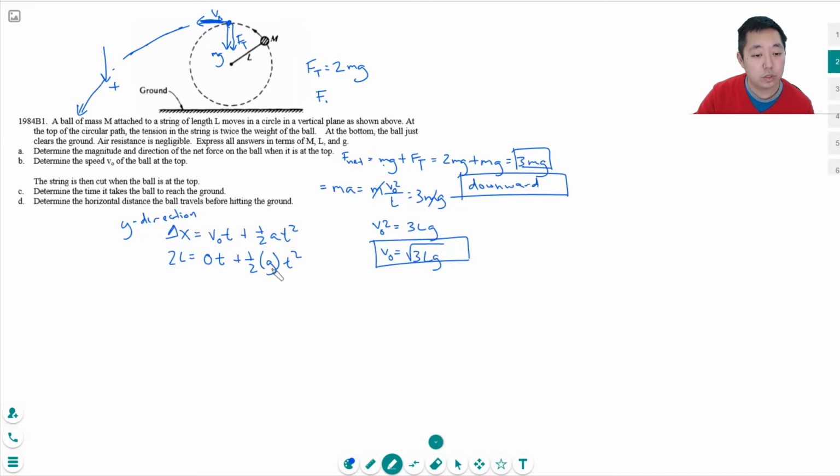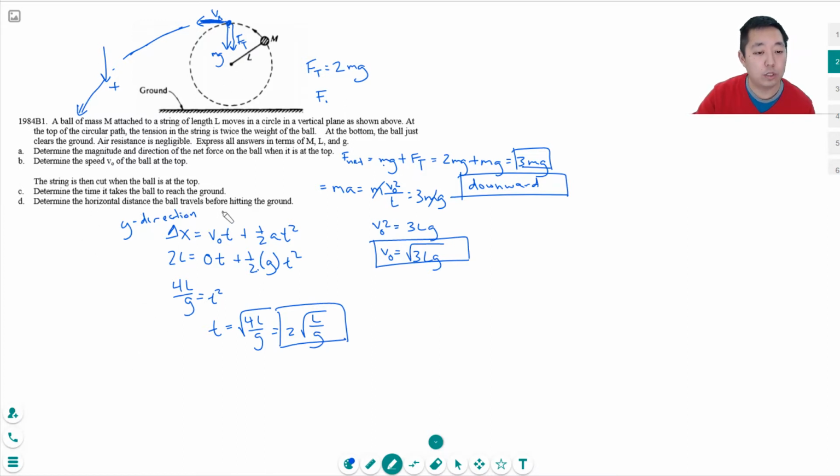So 2L is equal to that. I'm going to multiply by 2, so I get 4L over g is equal to t squared. So t would be equal to the square root of 4L over g, which is equal to 2 root L over g. Okay, so that's the time it takes to reach the ground.